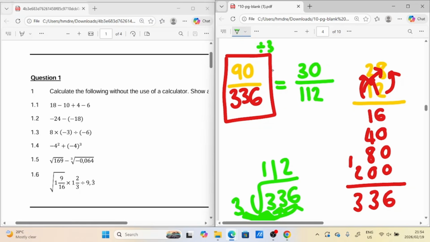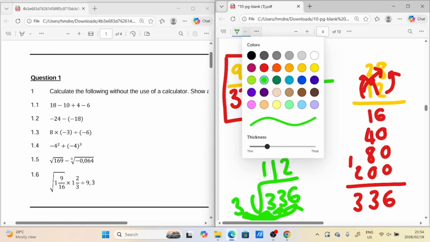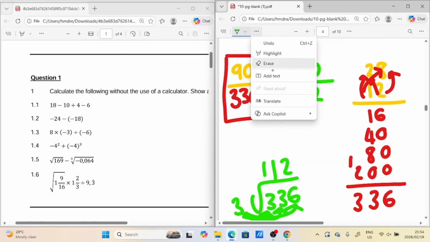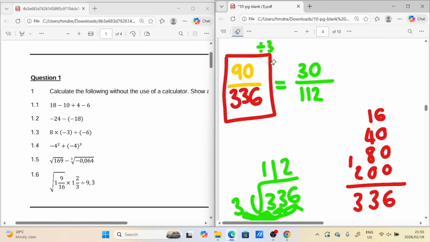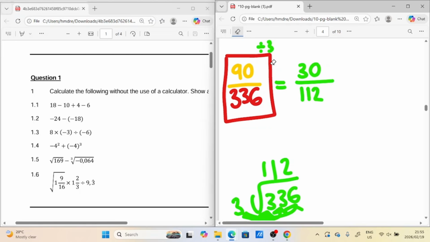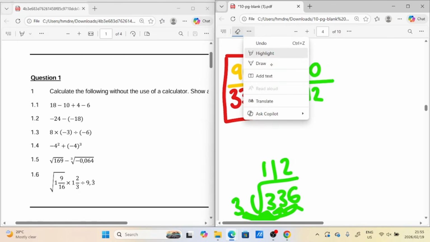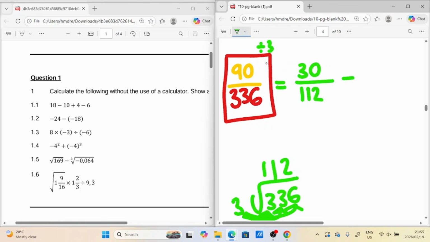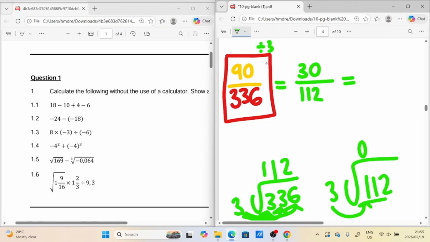I reckon we can divide that by 3 again, potentially. Let's just get some space here. Let's see, 112, let's divide it by 3 quickly and just see. Can 3 go into 1? No. Can it go into 11? Yeah, it goes in there 3 times remainder 2.